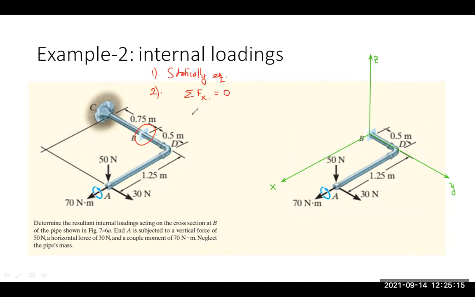So sigma F, the total force that works in X direction on this body must be equal to 0 to maintain the statically equilibrium condition. Then, if we assume that the positive direction is along this direction of x-axis, here we check whether we find the external force applied in x direction. But we don't find it, right? There is no force in x direction.